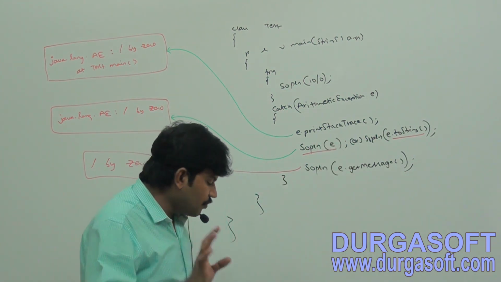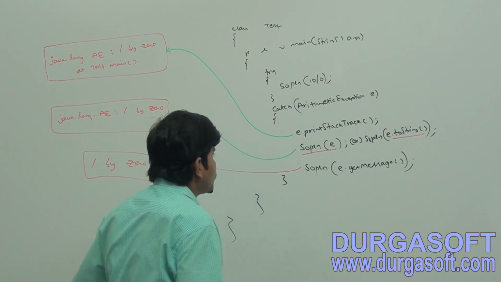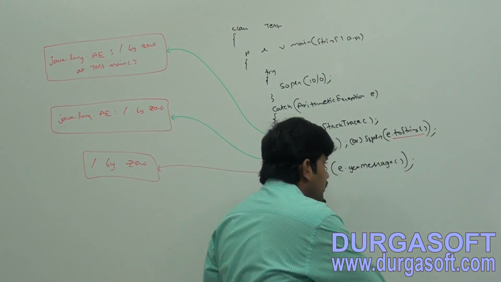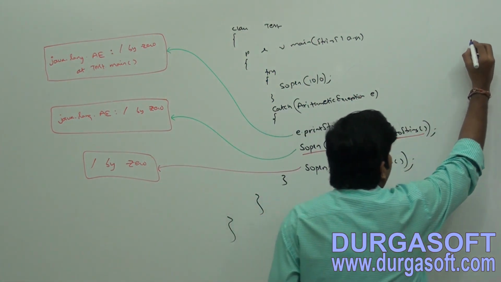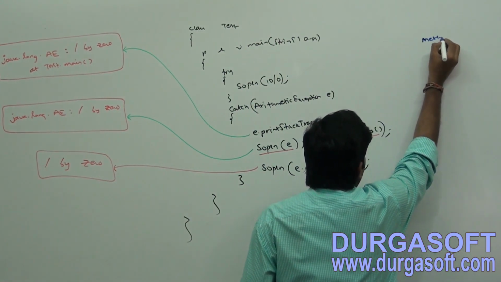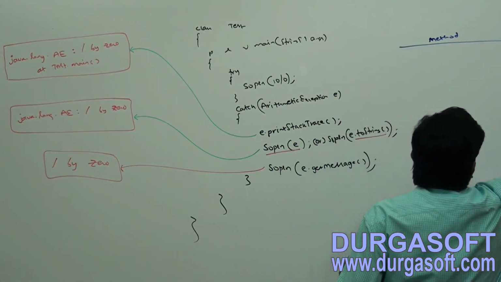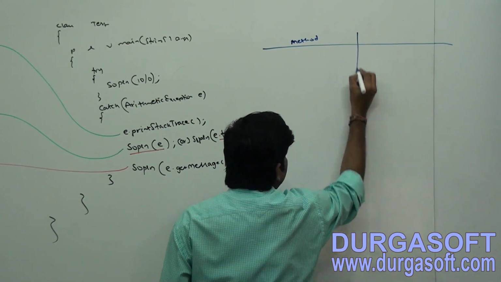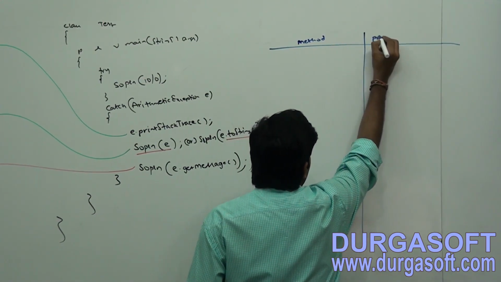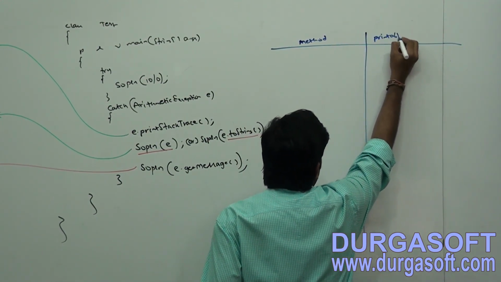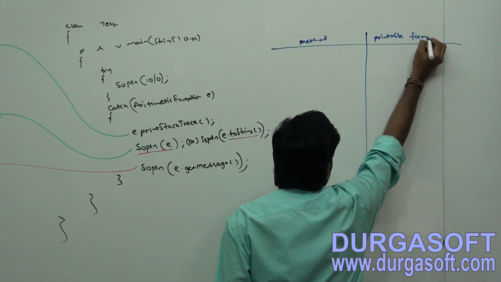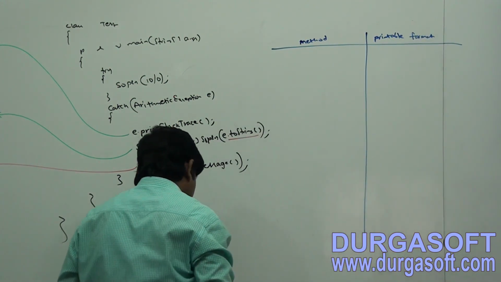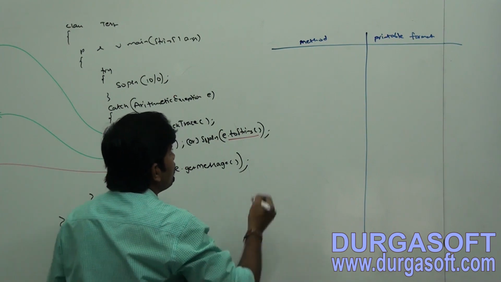Are you getting? Let me summarize these things. Here I am taking method and printable format. So can you tell what is the first method we use?